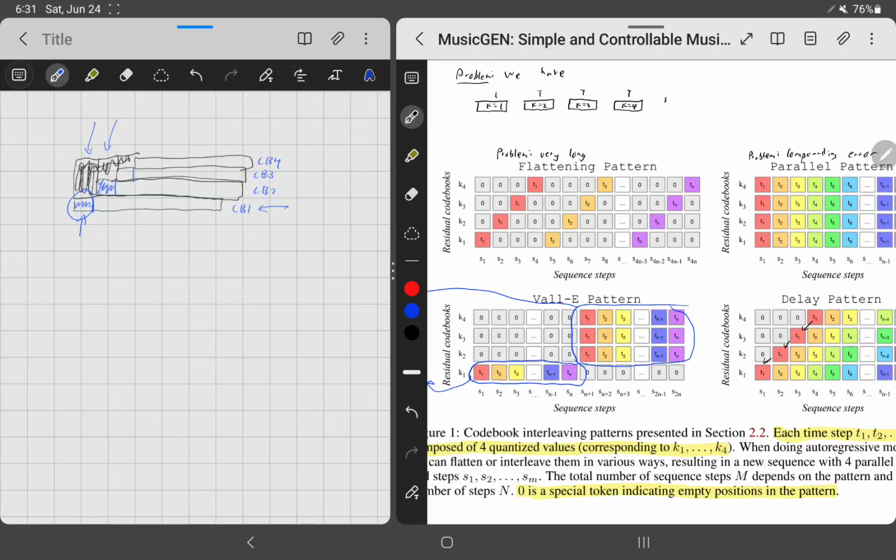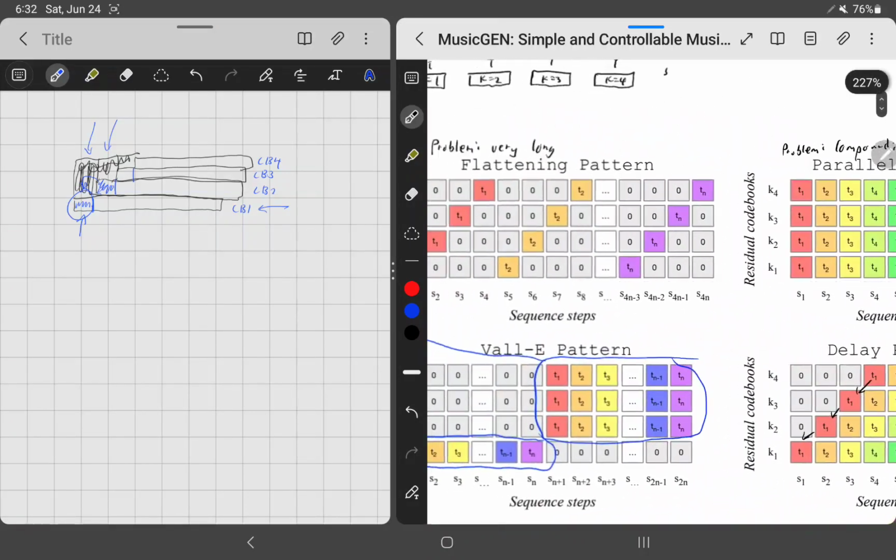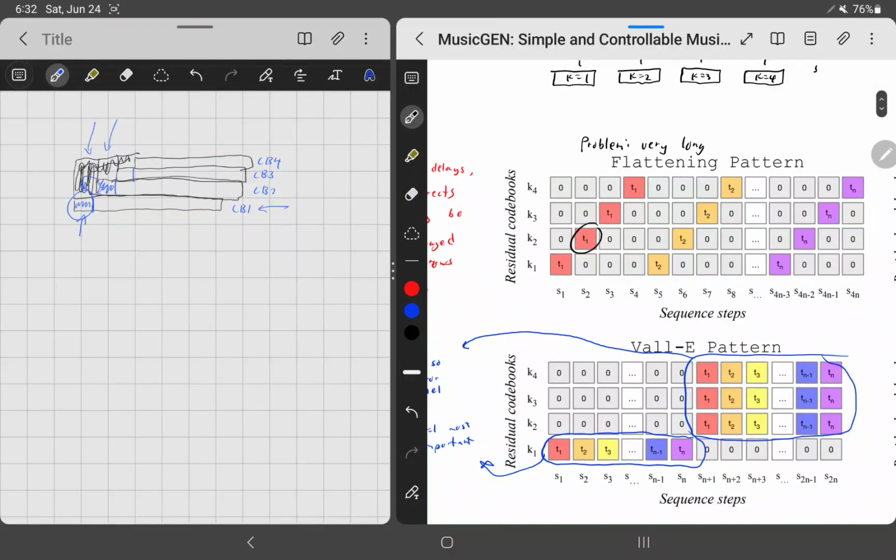But yeah, so with codebook 1 we could generate a part of codebook 1, and then we generate a part of codebook 2, still representing token 1. You can kind of see that here. So we generate the first part of codebook 1, and then the first part of codebook 2, and then the first part of codebook 3, and then the first part of codebook 4.